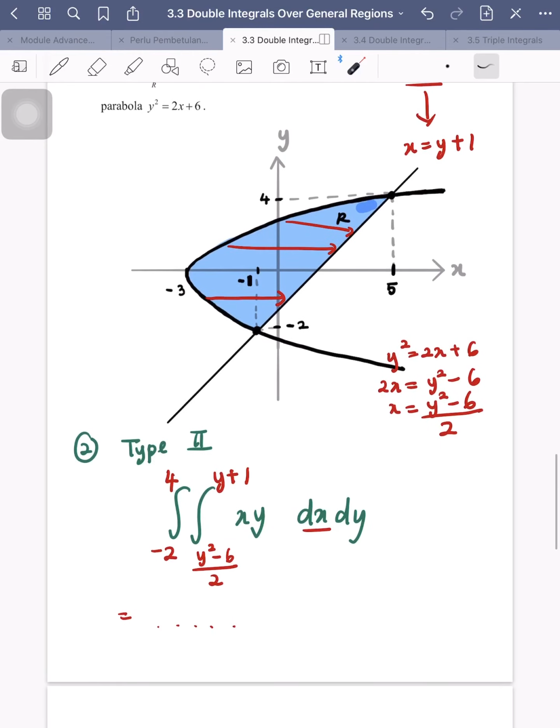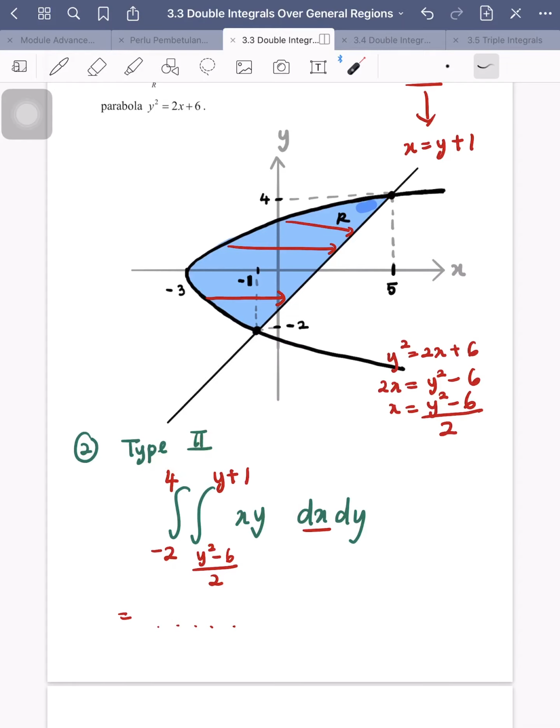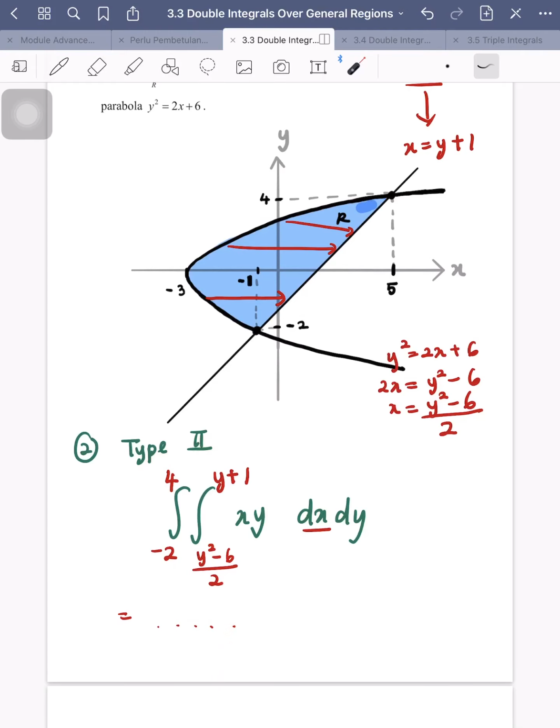Which type you use for the next question depends on how the graphs look, so please look carefully and understand how we evaluate the region to find the limits. Why? Because if your limit is wrong, of course the rest of your working will be wrong.